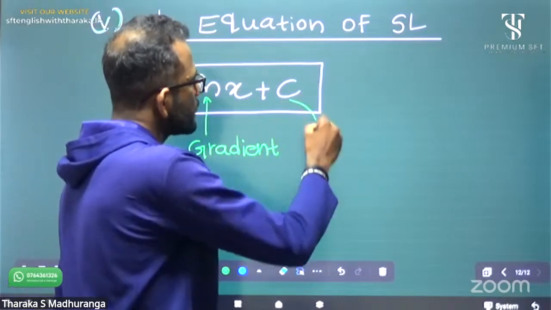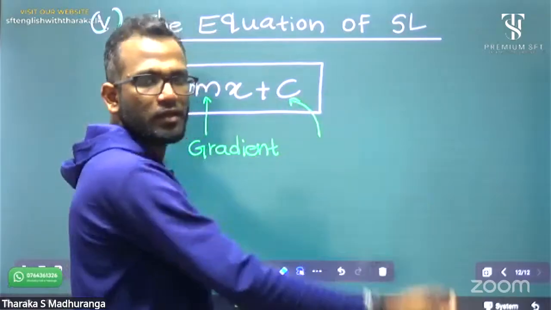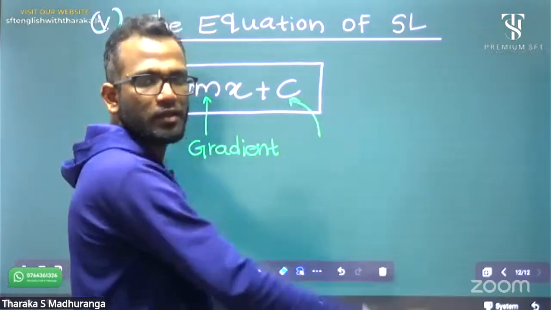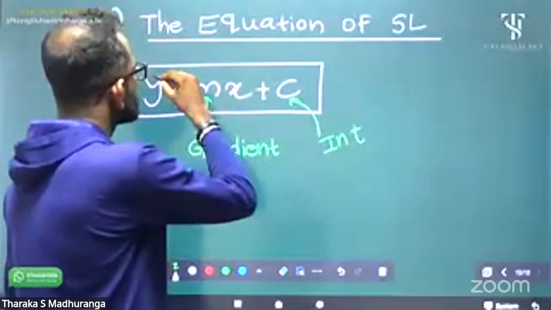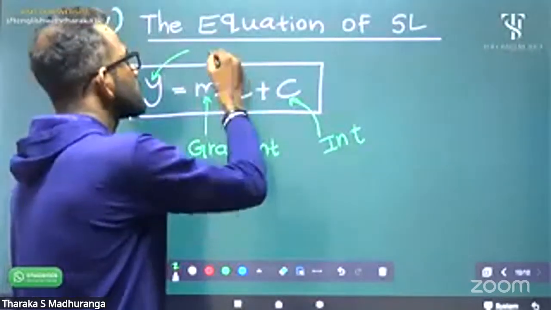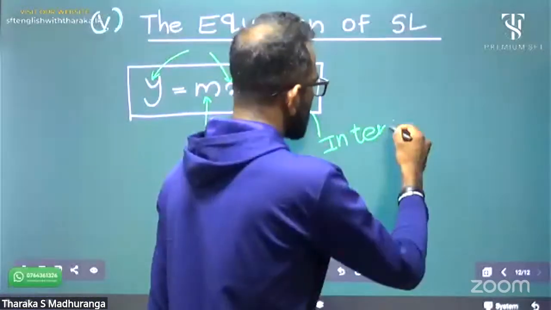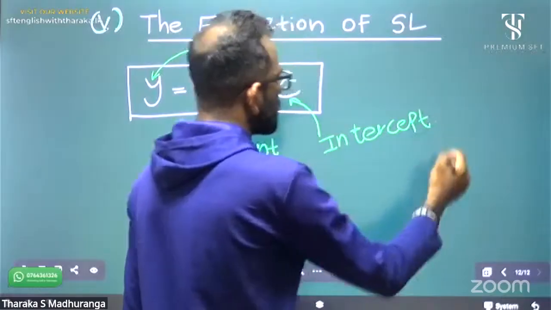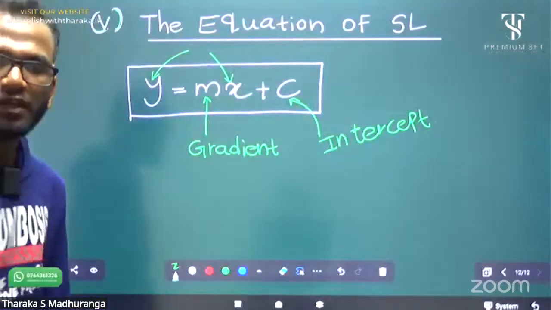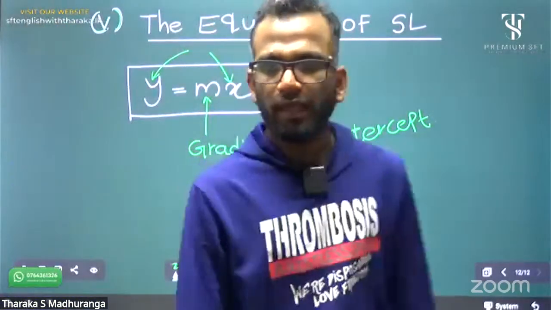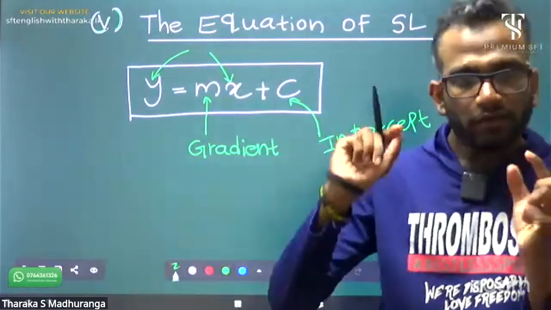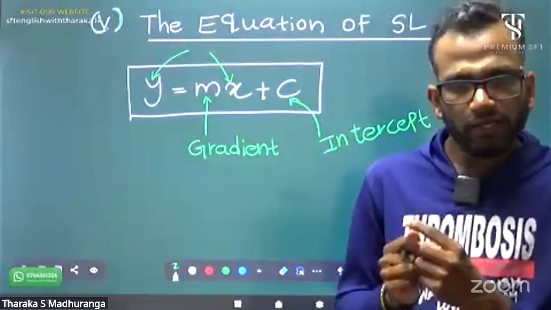What's the meaning of c? Now this is x and y. What are the names of x and y? x and y are the variables.